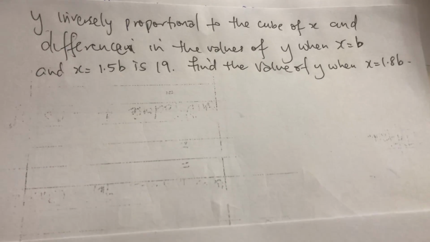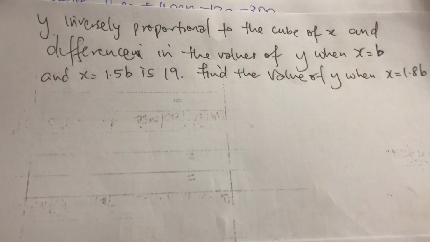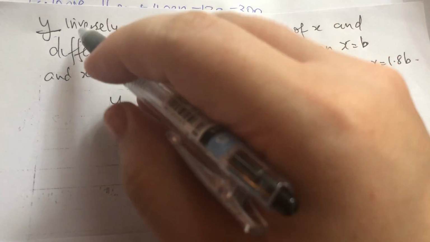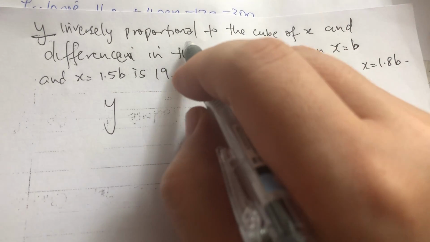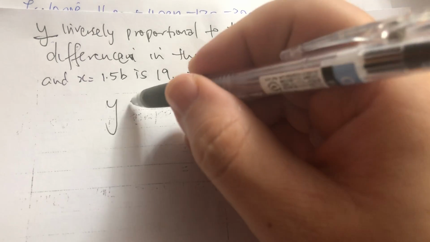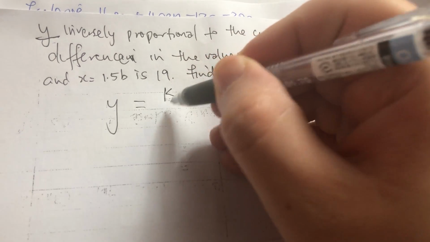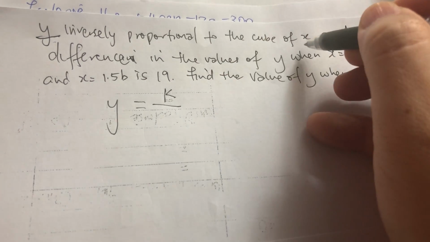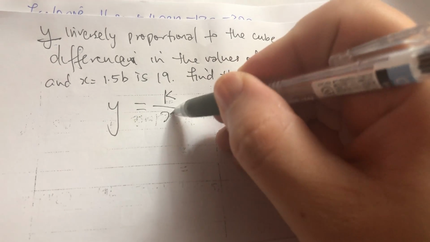Now, do not panic when you see this kind of question. It's actually very simple. You take one step at a time. y is inversely proportional to the cube of x. So inversely proportional means k is here, and it's not just x, okay? Please don't make this mistake.